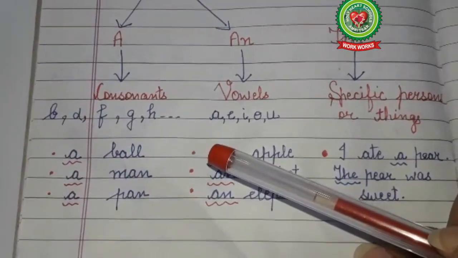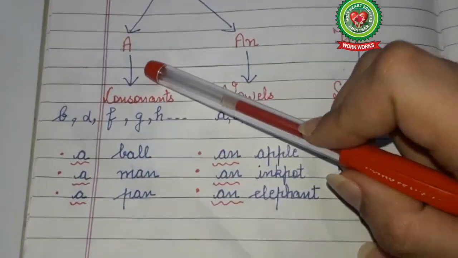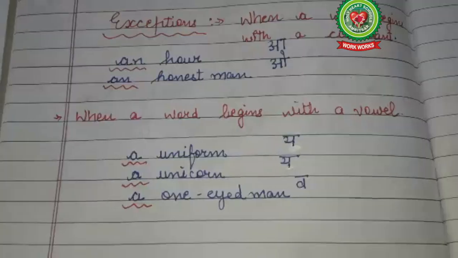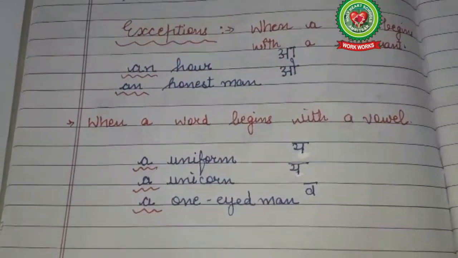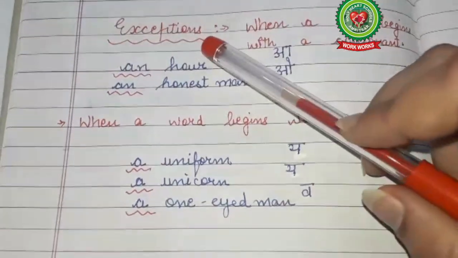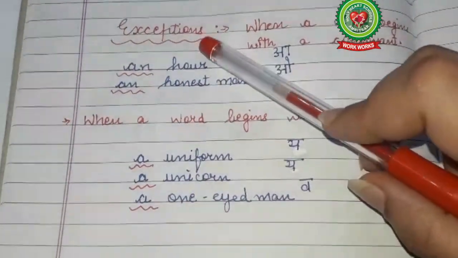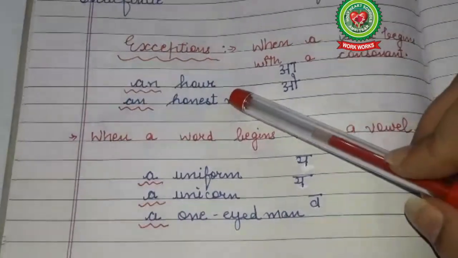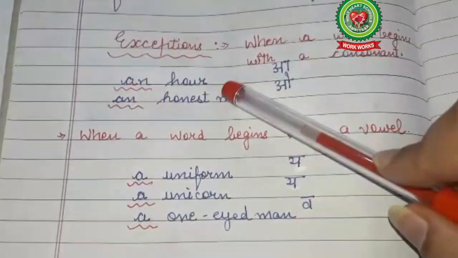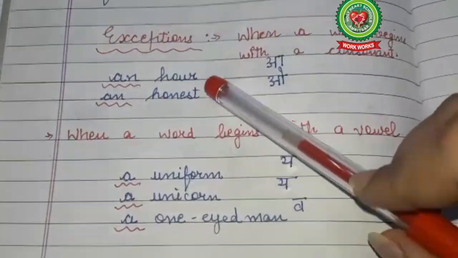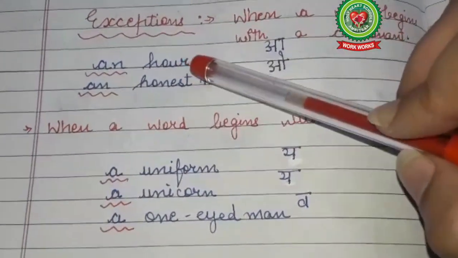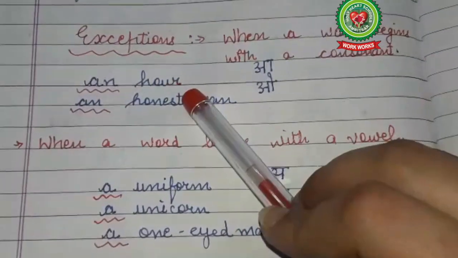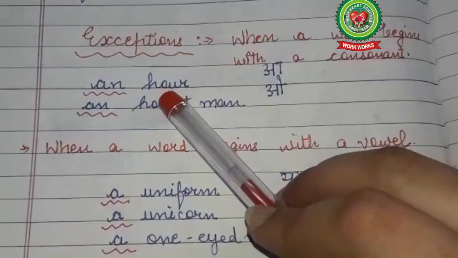Now I hope you have understood about the articles a and an. But still there are some exceptions. Now look at these exceptions. Number 1, when a word begins with a consonant. Look at these examples. An hour. In this noun hour, the consonant H is silent.